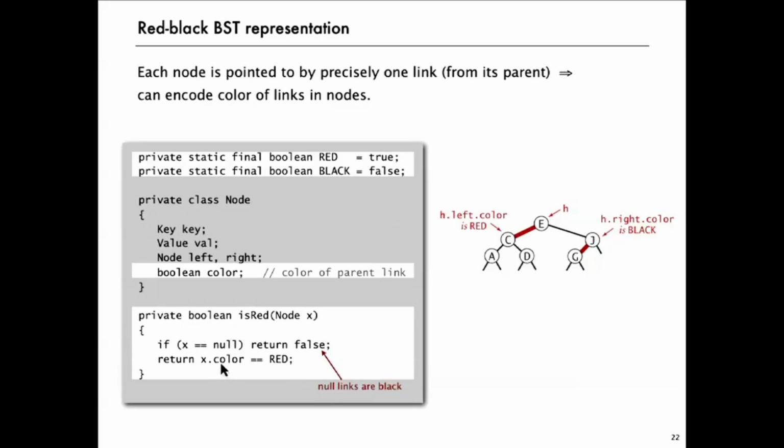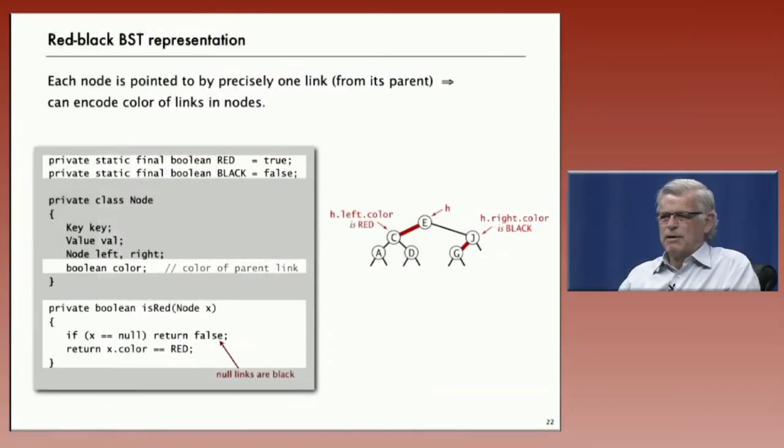Otherwise, if the color is red, we return true. Otherwise, return false to test whether a node is red. So in this tree, the color of h.left is red, the color of h.right is black, and so forth. So that's the way we represent colors, by putting a color bit in the node for the color of the link that points to it.